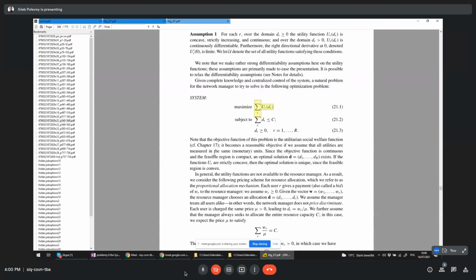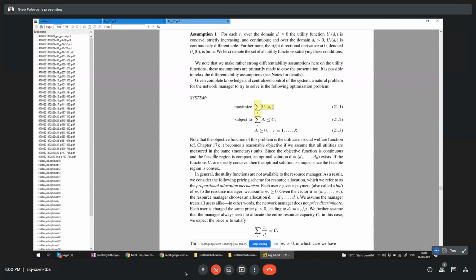It always exists, because this is an optimization of a continuous function on a compact domain. But the uniqueness holds if they're strictly concave.